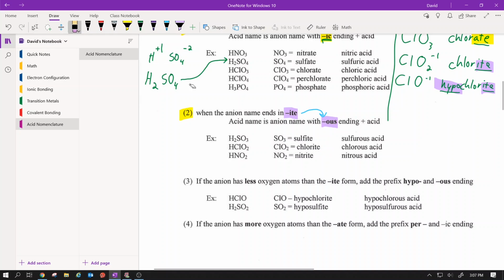And so our ite will turn to ous and will become a chlorous acid. We do not put the hydro in front of this, so that's different from our binary. It's binary that gets the hydro. It is the polyatomics that get your ic and your ous.